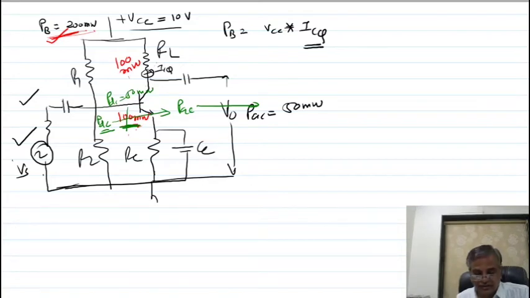So when you give the AC input signal, from this wastage 50% is converted into AC, and the remaining 50% is wastage. Still there is a wastage here. So if you want to increase the AC power, you have to deal with such kind of wastage. I think you get the idea.